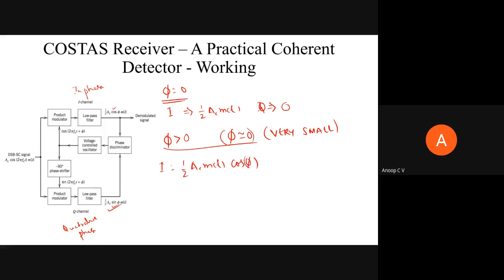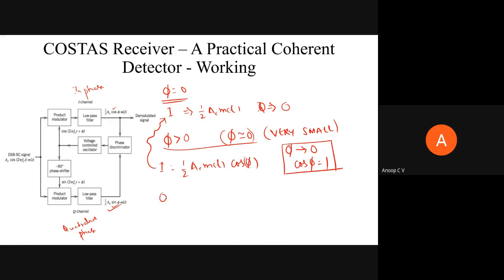When phi is approaching 0, cos phi will be almost equal to 1. So if the phase error is very small, the I channel output will almost remain unchanged, because cos phi is almost equal to 1.